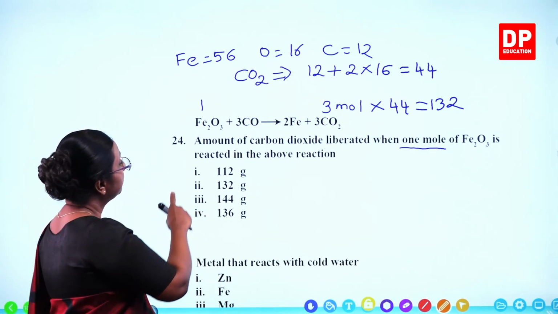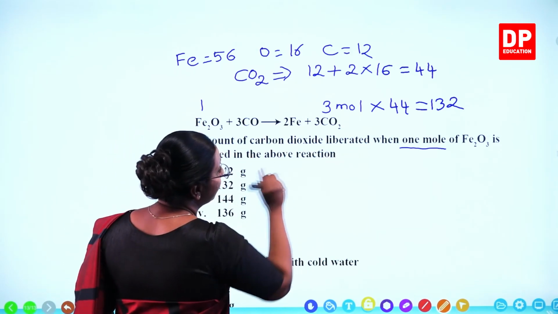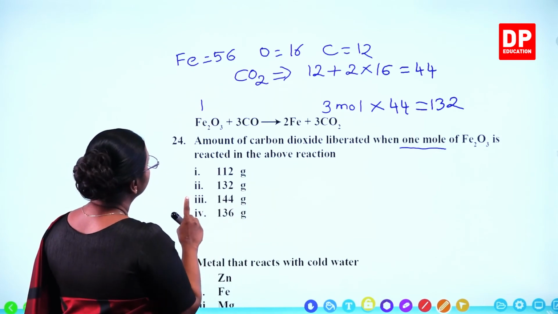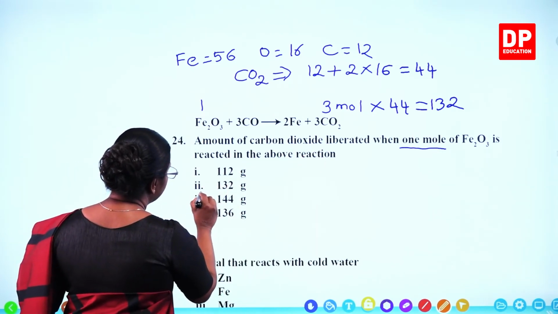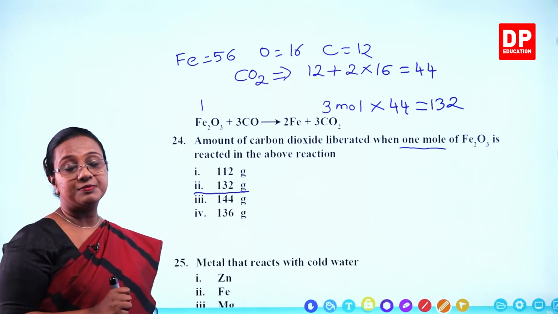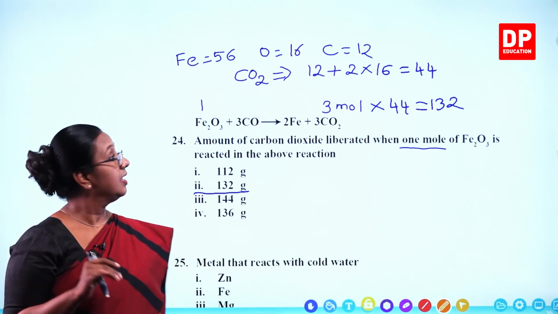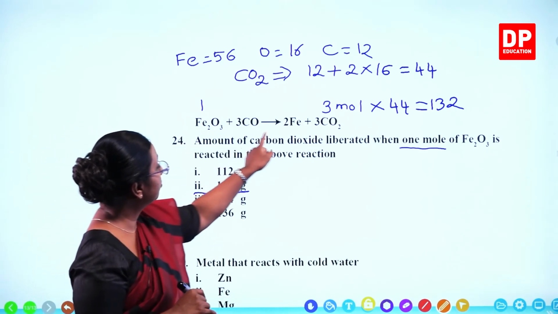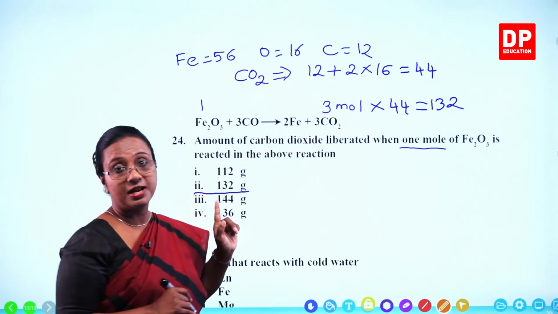So, then if we look at the question, amount of carbon dioxide liberated when 1 mole of Fe2O3 is reacted in the above reaction, it should be 132 grams. I am sure you all can understand this, students. Now, here you need to look at the balanced equation, 1 Fe2O3, 3 carbon dioxide.